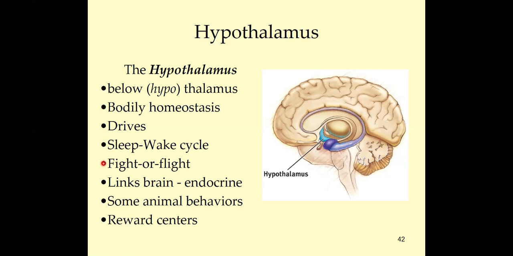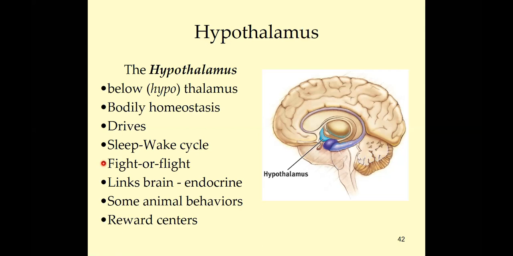And it participates in the fight or flight response. Specifically, if we feel threatened, the hypothalamus is going to release a substance that stimulates the pituitary gland, which in turn emits a hormone that stimulates the adrenal glands to produce epinephrine, adrenaline.